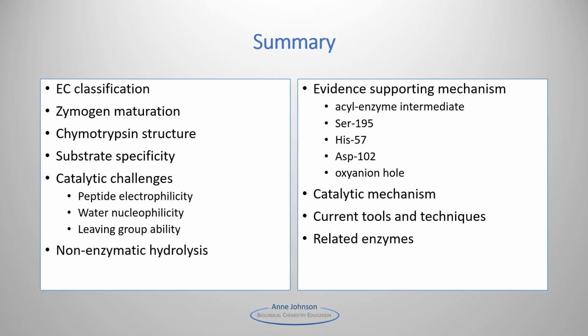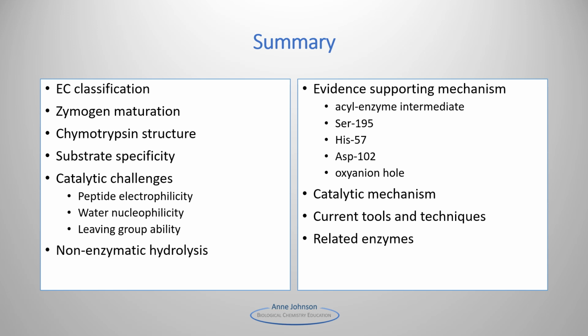In this video, we have discussed the enzyme chymotrypsin. We started by looking at its EC classification, zymogen maturation, and structure. Then we looked at the substrate specificity and catalytic challenges the enzyme needs to overcome and reviewed non-enzymatic peptide hydrolysis.